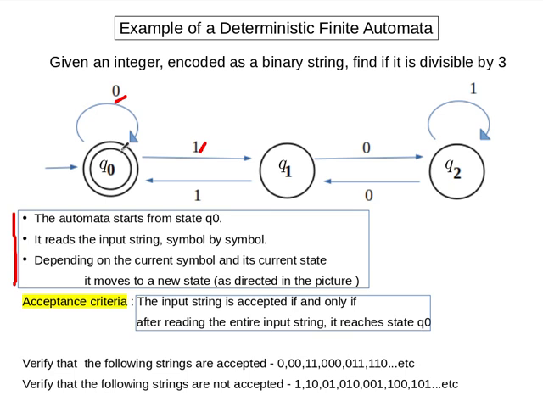So this is the behavior of the automata. Now we need to set up some acceptance criteria. If we give some input, then it will kind of jump between the circles.